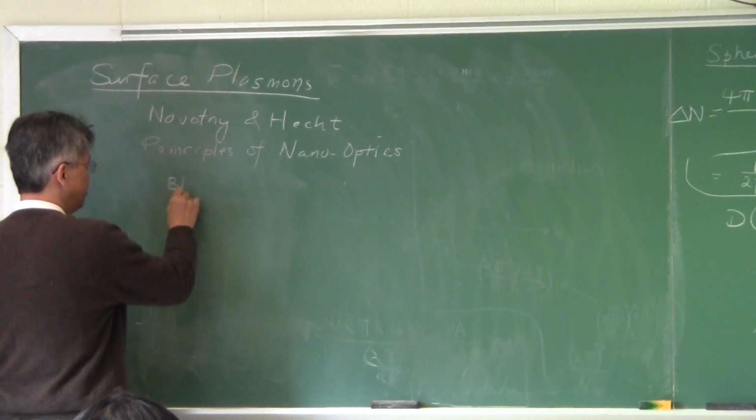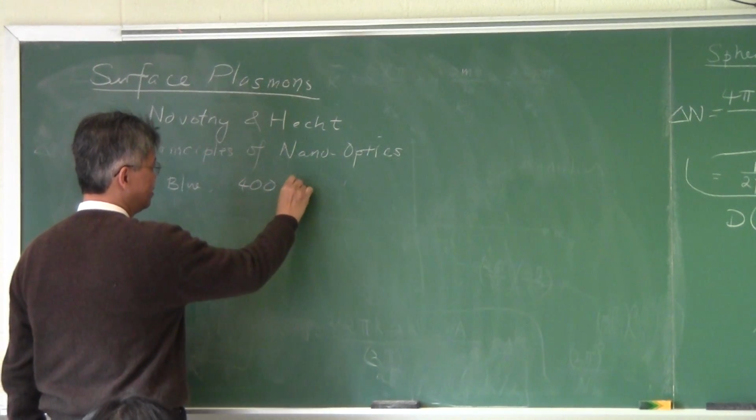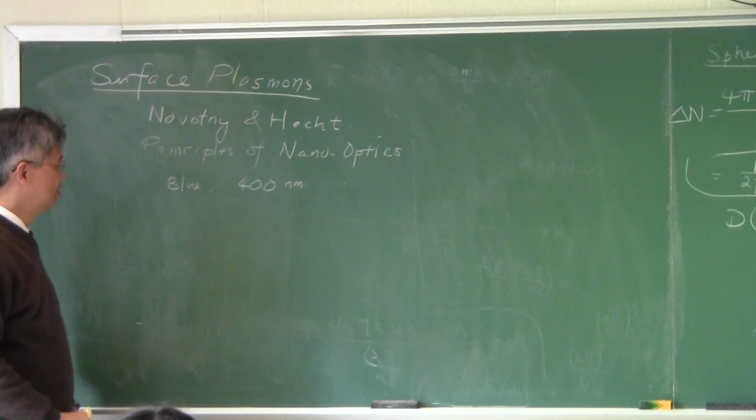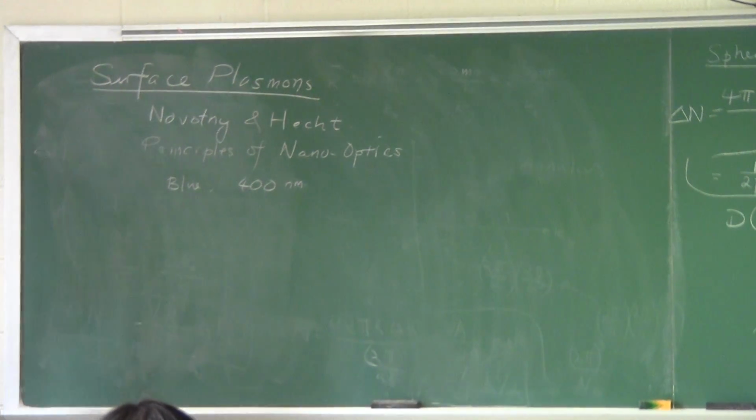Blue light is about 500 nanometers, maybe 400 nanometers. Your blue CD operates around 400 nanometers. That's why the storage is a lot higher. Before that, they operate with a longer wavelength, maybe infrared, which is about maybe 1200 to 1500 nanometers. So when you go to Blu-ray laser discs, you can store a lot more things because the wavelength is smaller.